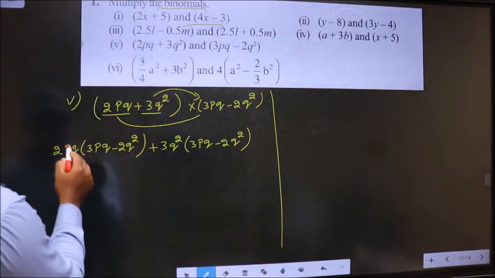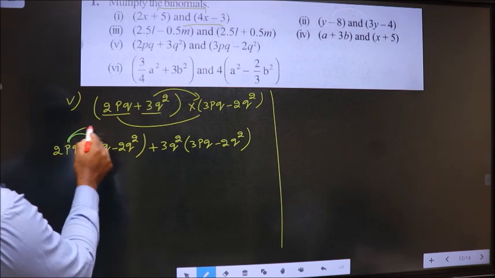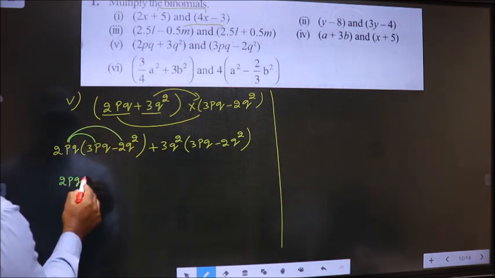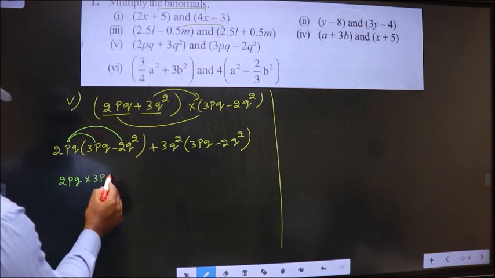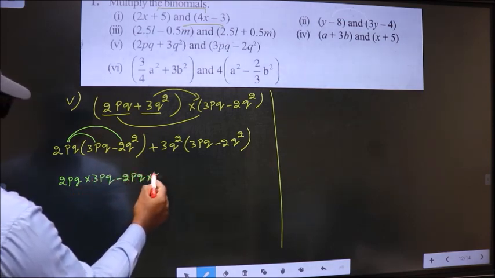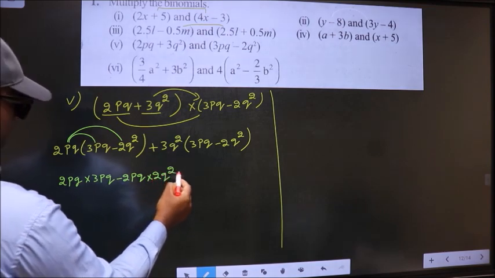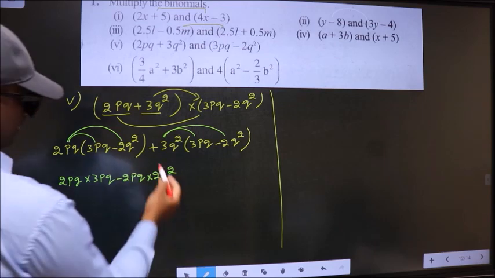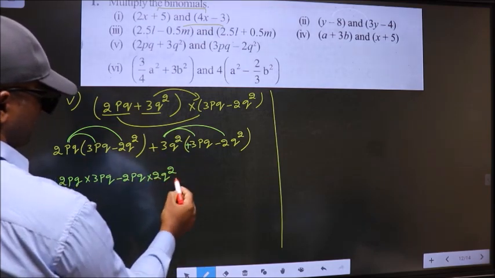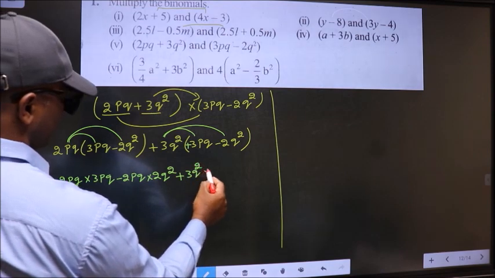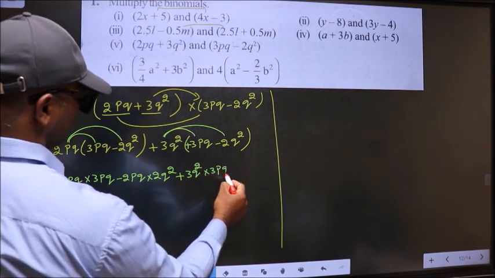Next, now you open up the brackets in this way. You get 2PQ into 3PQ minus 2PQ into 2Q square. Now here you open up the brackets in this way. So here it is plus into plus plus 3Q square into 3PQ.